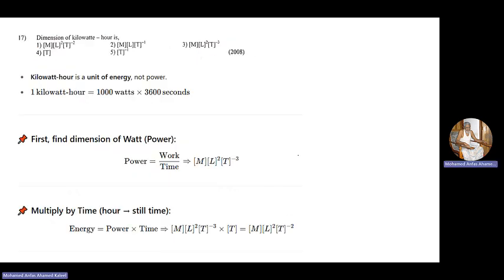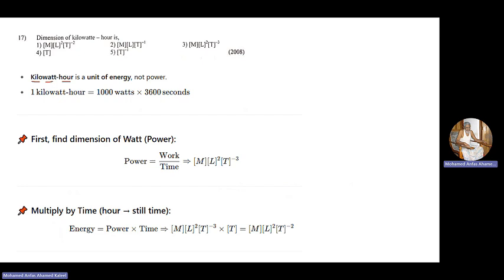Question number 17, the dimension of kilowatt hour is what? That is from past paper 2008. What do you mean by kilowatt hour? Kilo is the prefix, watt is a unit, and hour is also a unit of time.